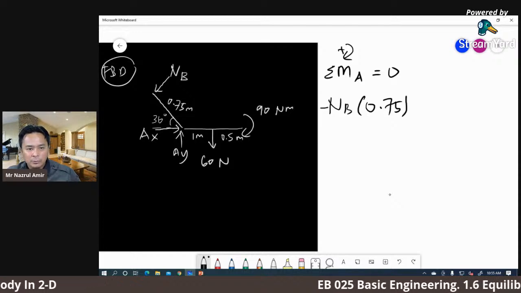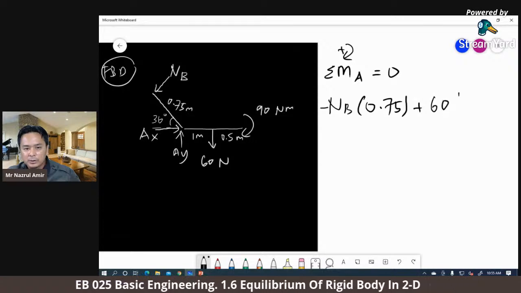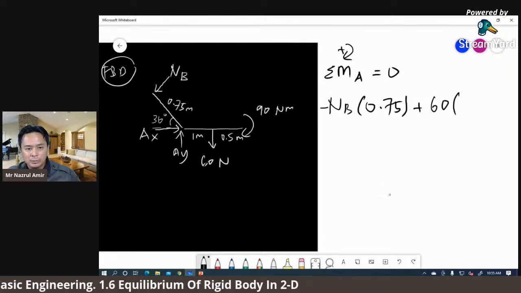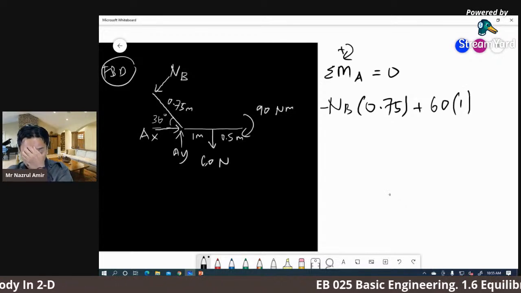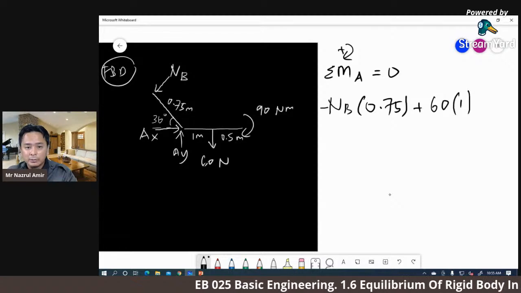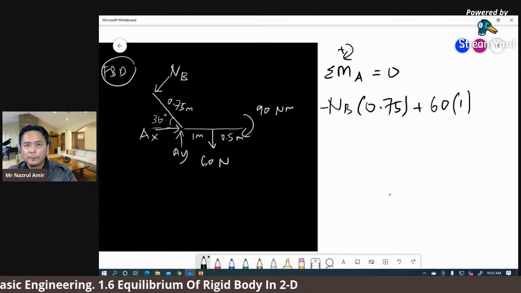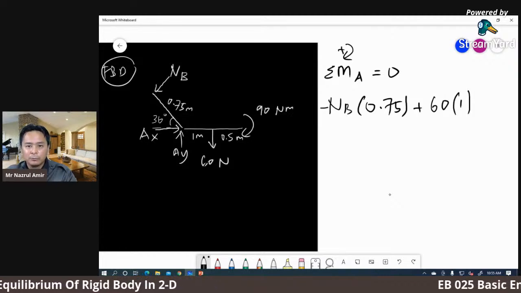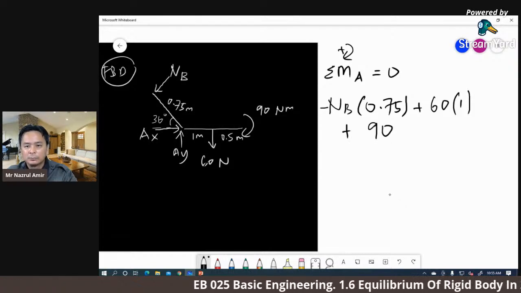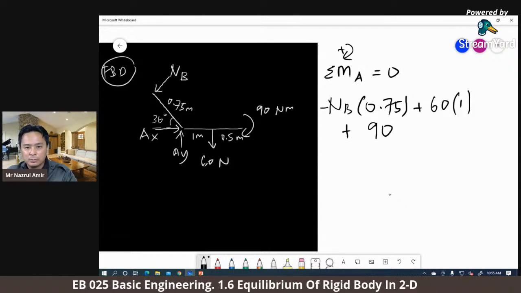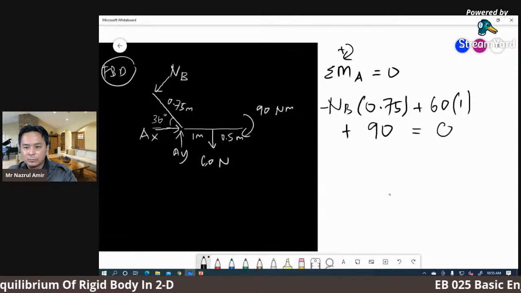And then we take 60 Newton. 60 Newton positive 60 times 1, okay, and lastly we put in the 90 Newton meter, also have the same rotation of what we assume here, so it will positive 90. Okay, check back all the component include on the equation, so all shall be equal to 0.